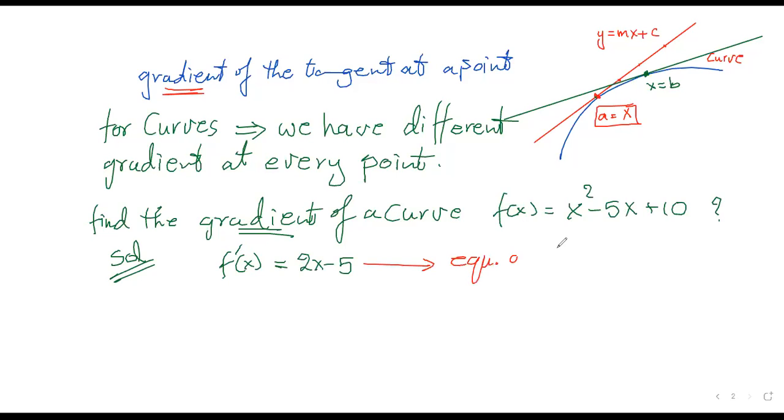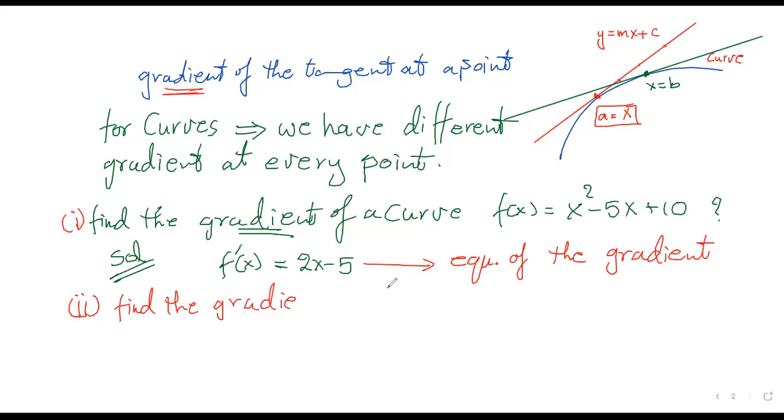The names of things are very important, everyone. Now, if he needs me, let's say part ii, find the gradient of a curve f(x) equals x squared minus 5x plus 10 at x equals 2.